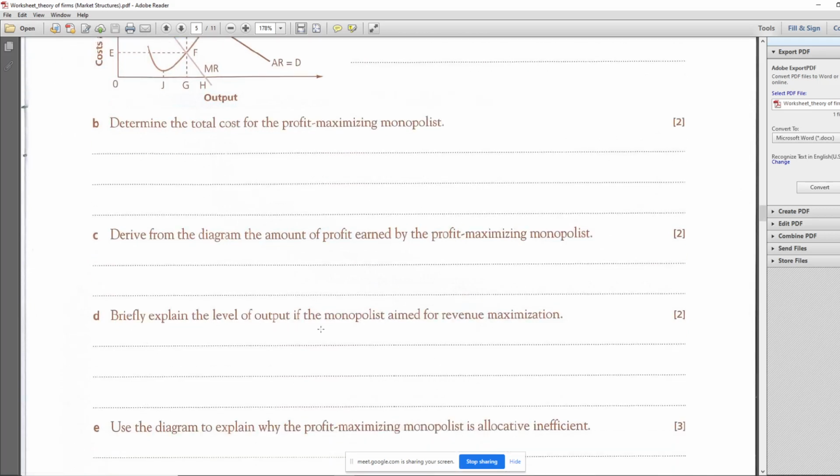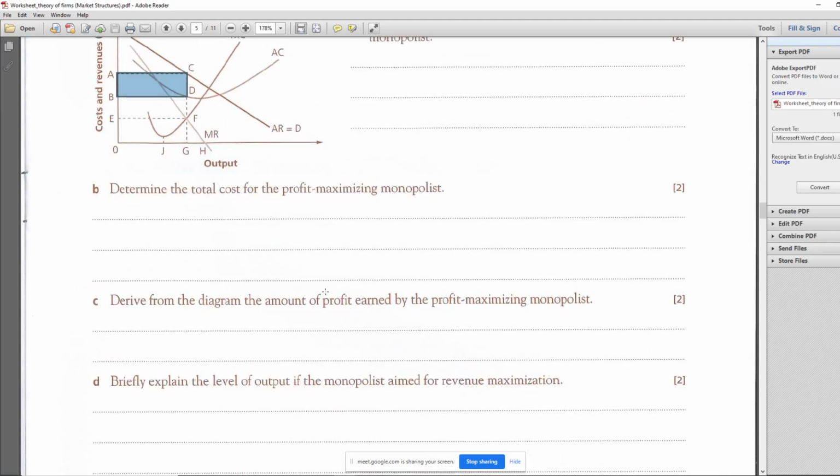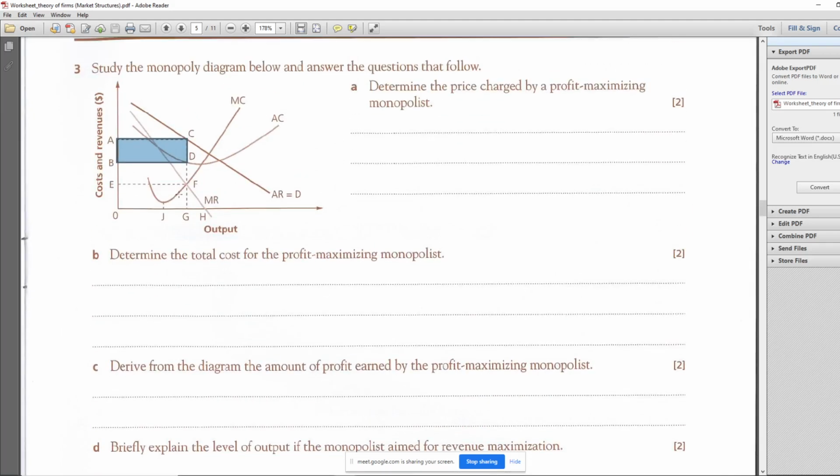What about D? Can you explain, if we are trying to use revenue maximization, where should the output be? When MR is equal to 0, that's good. So when MR is equal to 0, which is output H. So we are going to have the output of H if we are trying to make revenue maximization.